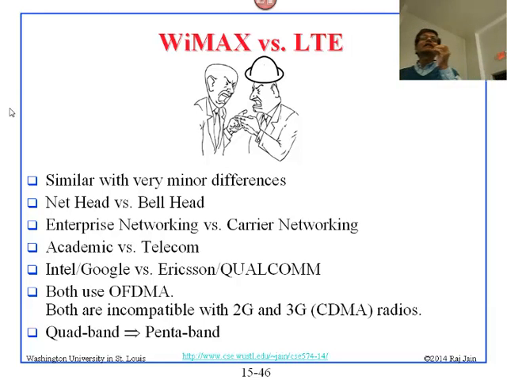There are two kinds of networking people, net heads and bell heads. All of you here are net heads, because you have never worked for a phone company. You always think in terms of bytes and packets and data. But if you were a bell head, you always think in terms of voice, circuits, bits, synchronization and rates.